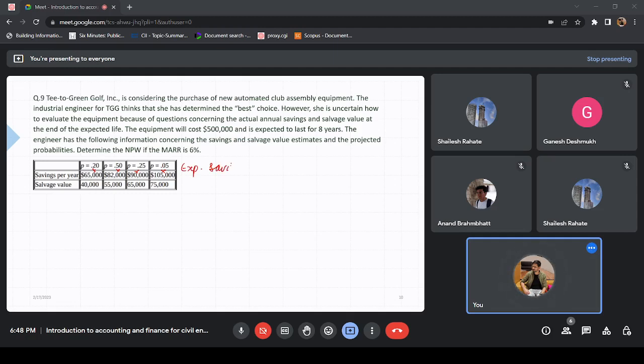Expected savings: 0.2 into 65,000 plus 0.5 into 82. Let these values be in terms of 1000 only. Plus 0.25 into 90 plus 0.05 into 105. And how much does it come?